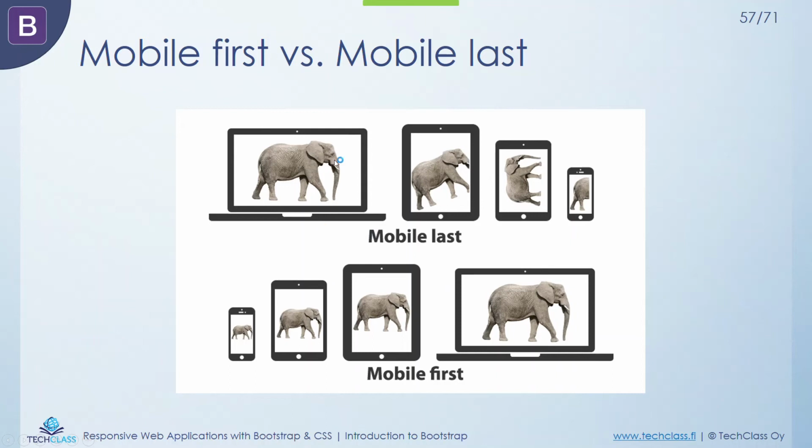But when we are having mobile last, the web page looks perfect in a bigger screen, such as a desktop or laptop. And then when we are viewing the page in a tablet or phone, then you see it's not very interesting to look at. So always try to go with this approach, because nowadays the percentage of mobile users is increasing all the time.